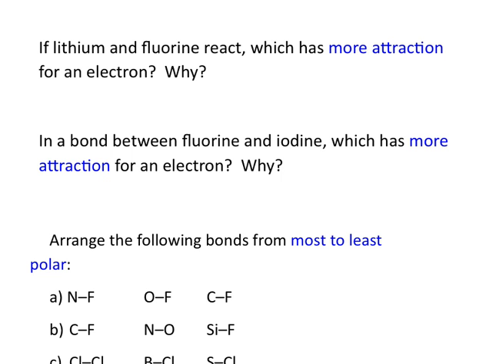So let's apply this stuff. If lithium and fluorine react, which has more attraction for an electron? Fluorine. Fluorine the floozy, right? Fluorine is your most electronegative element. So the closer it is to fluorine, the more electronegative it is. So fluorine. Why? More electronegative.